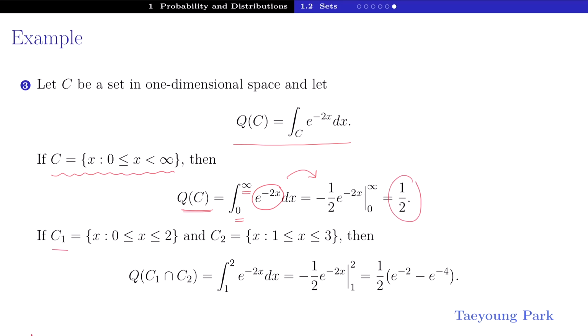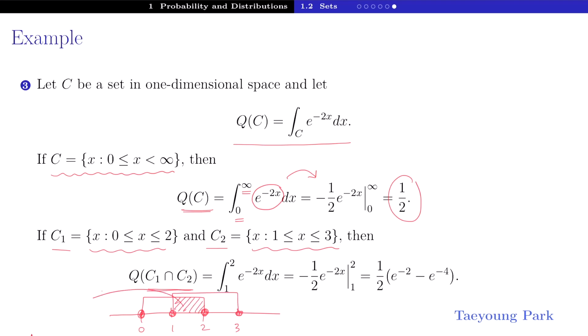If C1 is an interval between 0 and 2 and C2 is an interval between 1 and 3, then the intersection of C1 and C2 is given by something like this. So closed, closed, this one is C1, closed, closed, this is C2, and then this is the common interval.